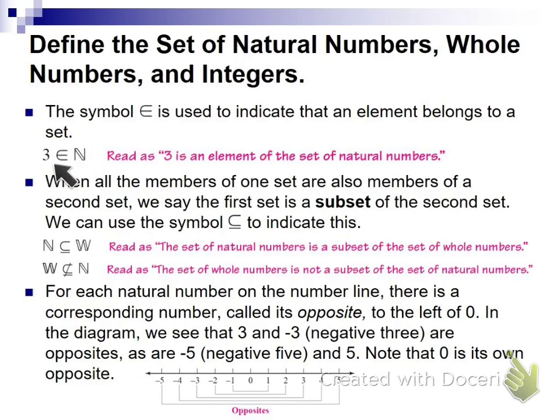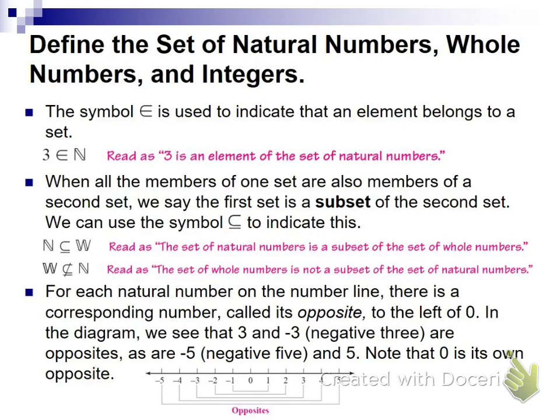Isn't 3 a part of the natural number set? And then this symbol right here is called subset. So a subset is a smaller group from the bigger set. If we look here, natural numbers are a subset of whole numbers, whereas whole numbers are not a subset of natural numbers.